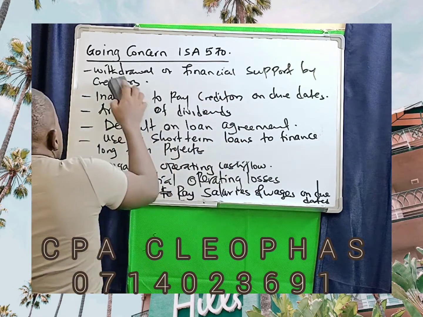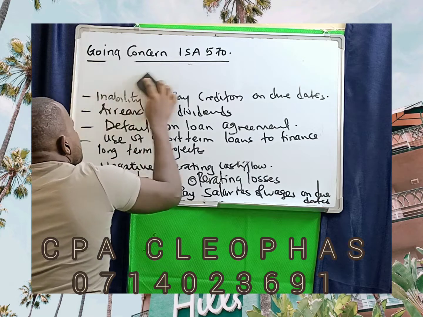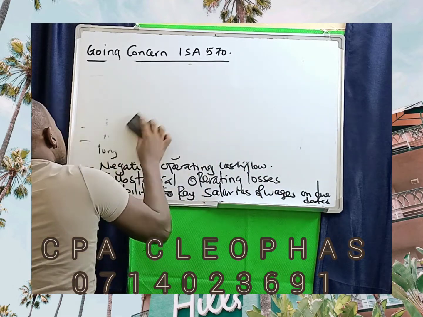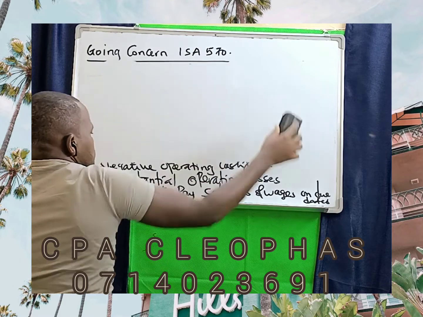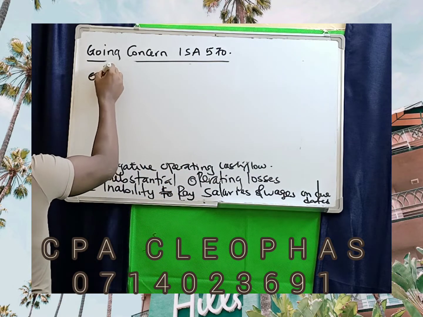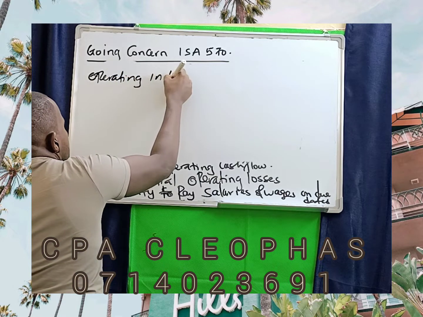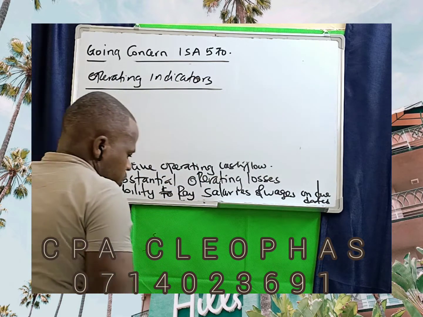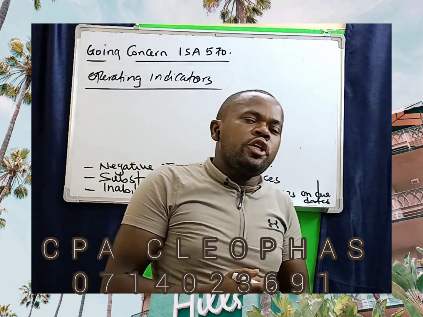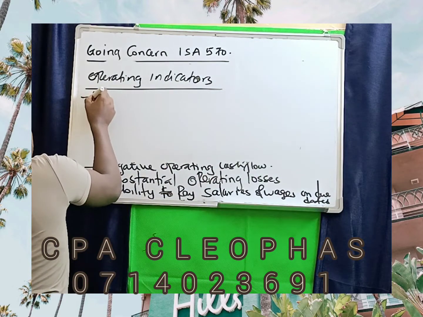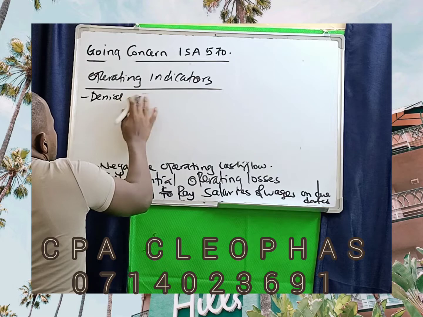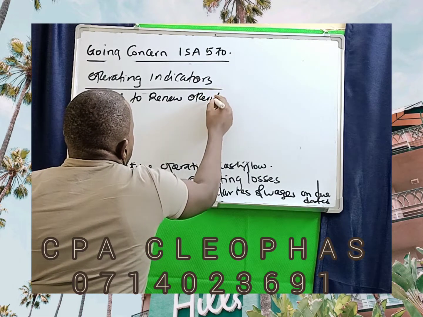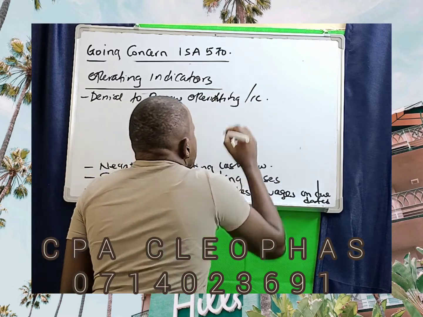So let me have operating indicators. Number one, for example, denial to renew the operating license.